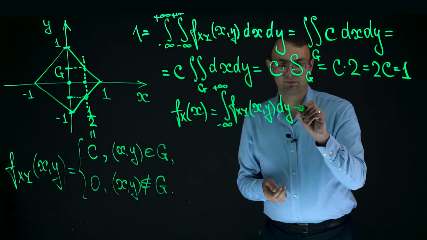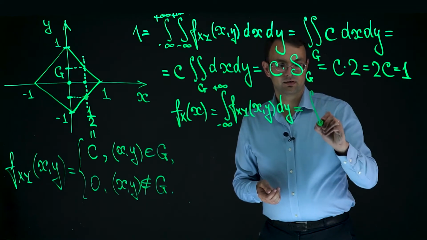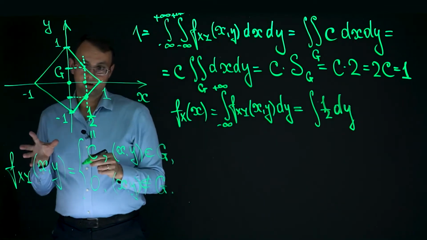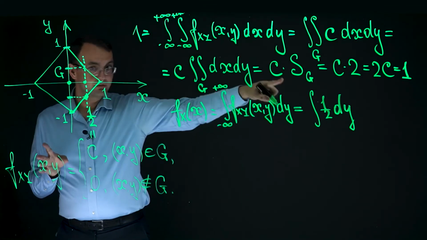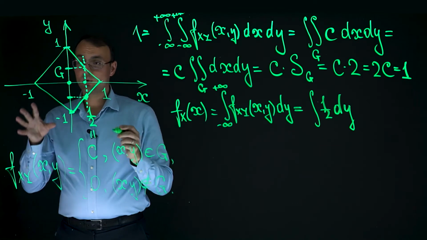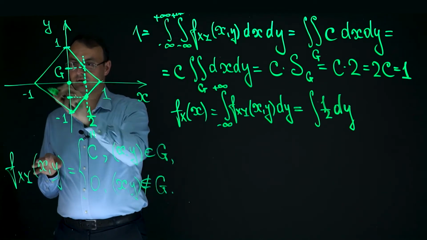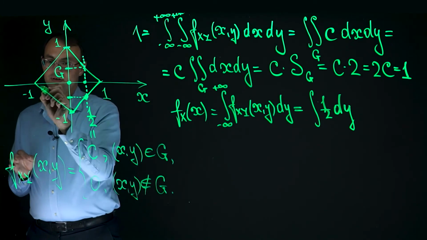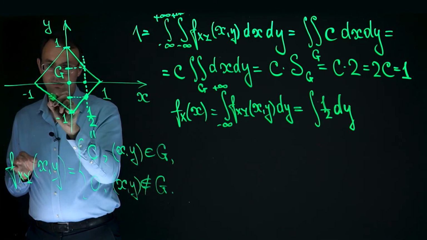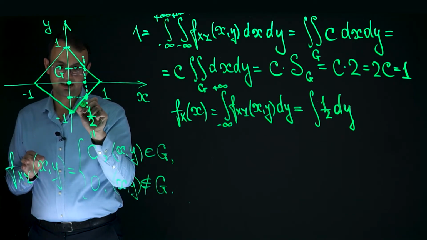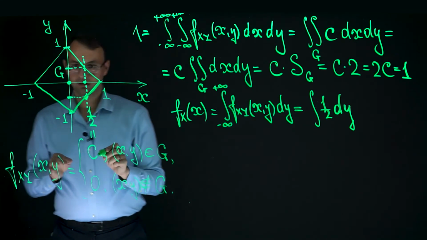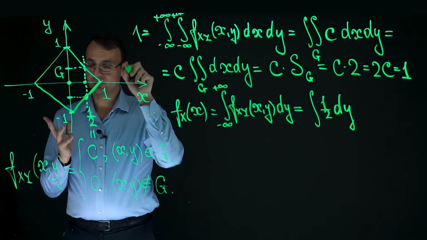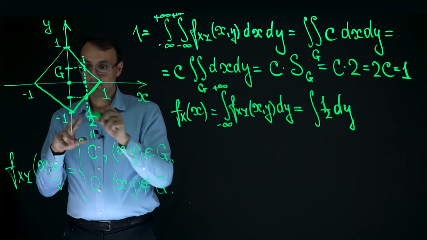To write down the limits, we need the equations of these lines. The lower limit is this line. It looks like a modulus, like y equal to modulus of x, but minus 1.